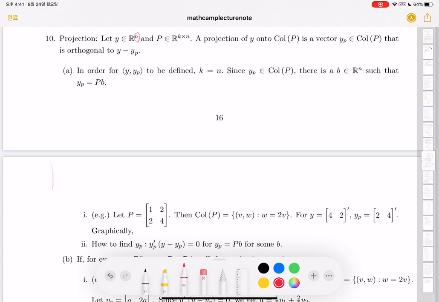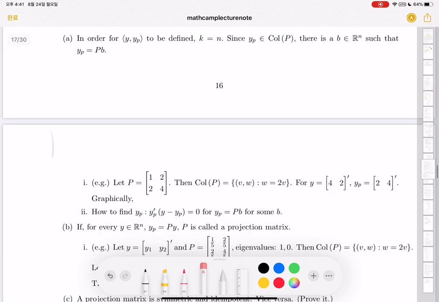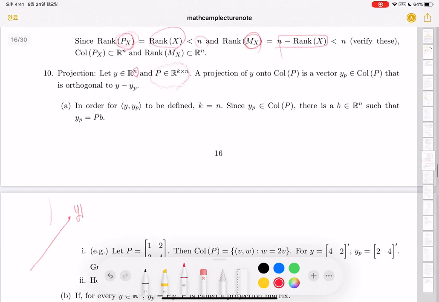So y is a three-dimensional vector. Here's a three-dimensional vector y. This is your y. And P is a matrix. Let's say your k is 2. So P is a matrix, R2 by 3. Okay.